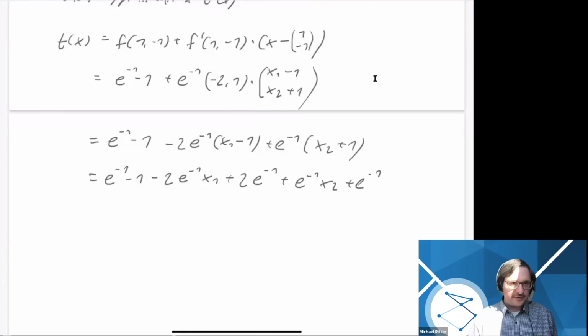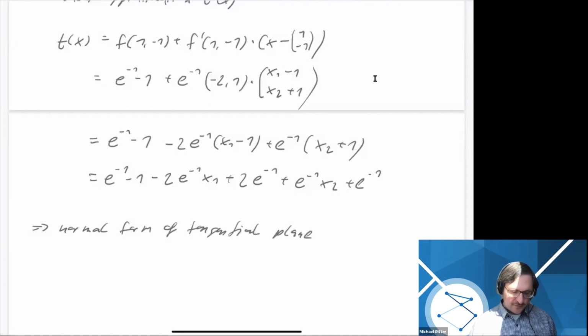Okay, so that's our T of x, and that means the normal form of the tangential plane. What does that look like? Well, basically what we do is we replace the function value T of x with x3. In the graph, that function value is the third coordinate, so we just replace that.